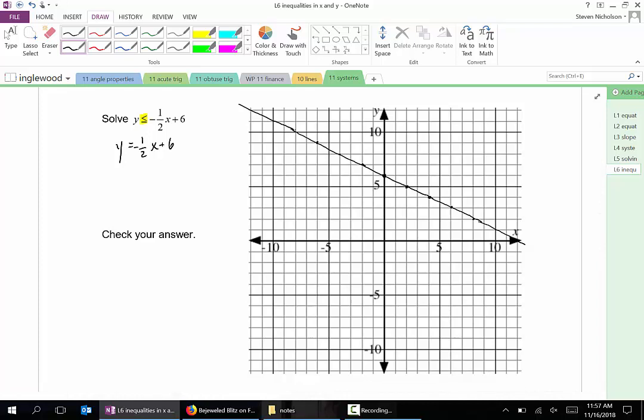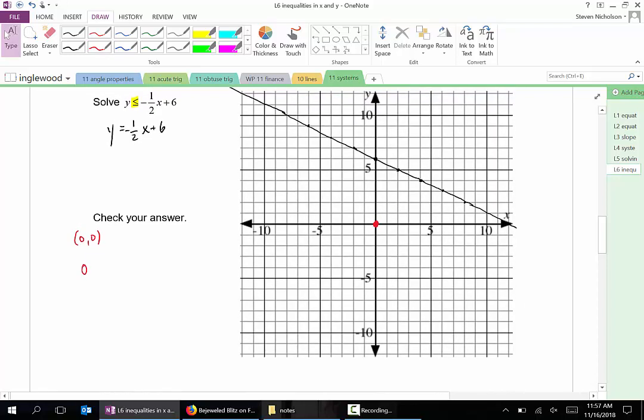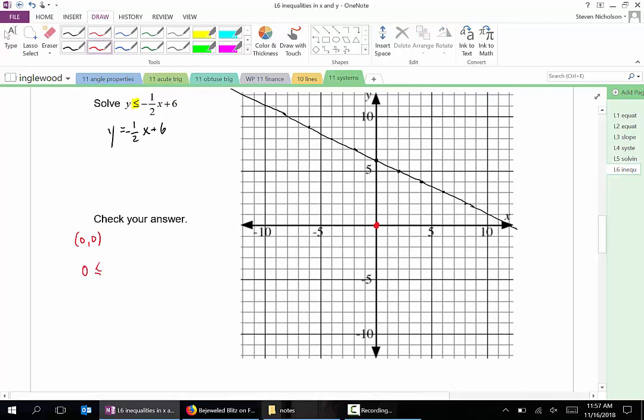So again, all we're going to do is pick a point and check the inequality for truth. And if you look at the simplest point, it's far enough away from the line that you don't get confused, and we go ahead and we plot it. So I'm going to plot that 0, 0, and I want to know, is 0 less than or equal to negative 1/2 times 0 plus 6.